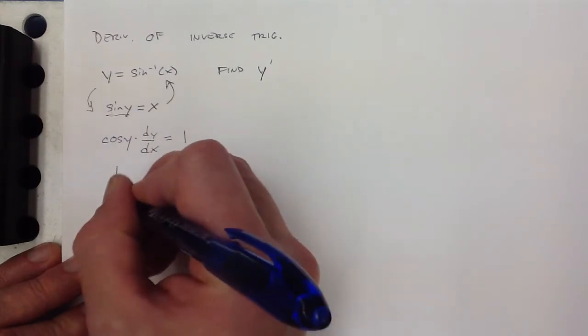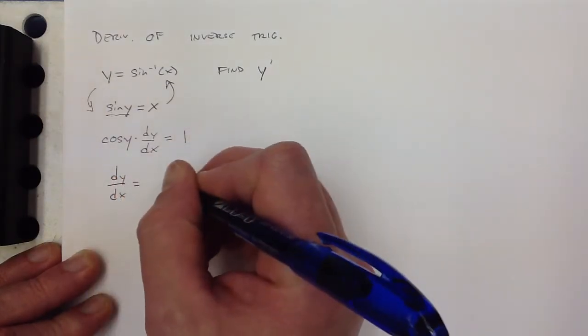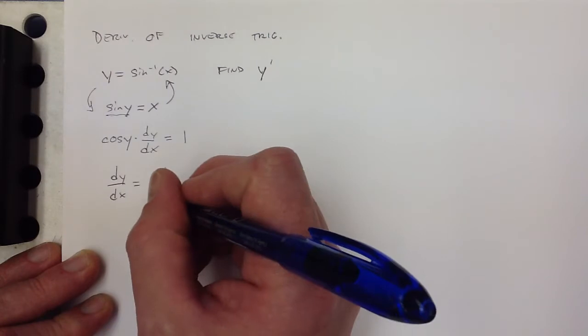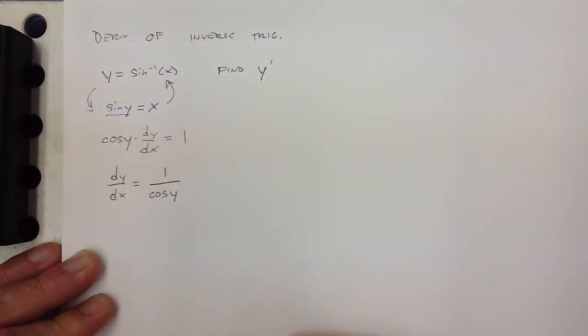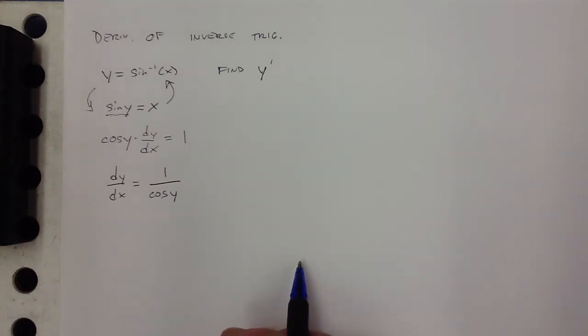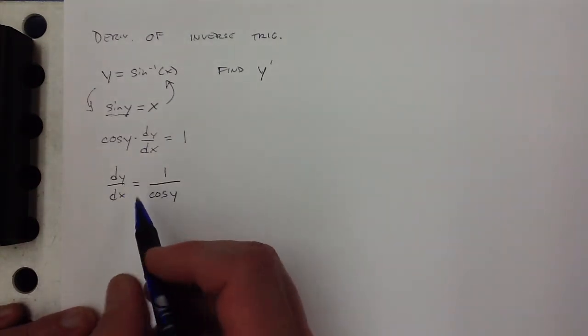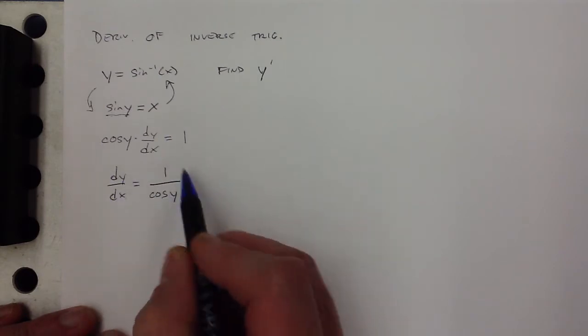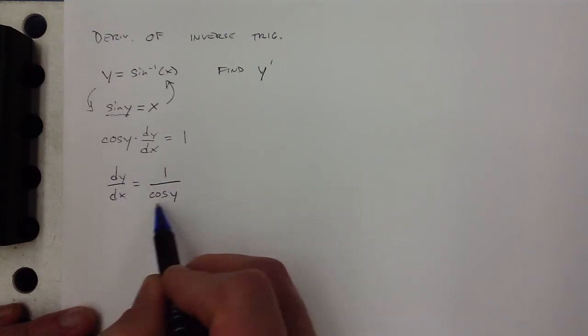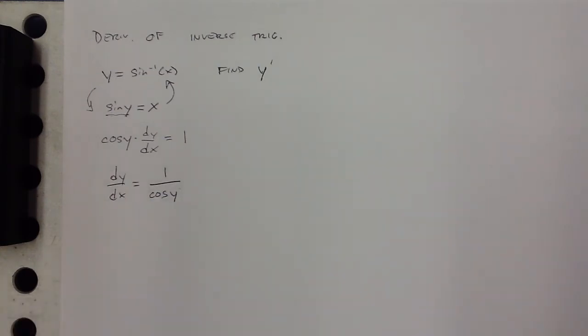So dy dx is equal to 1 over cosine y. Moving that over to here. Well, that's fine, but I'd much rather have dy dx, this derivative, defined explicitly in terms of x. So let's do a little geometry and see if we can get rid of this cosine y and turn it into something with x's in it.